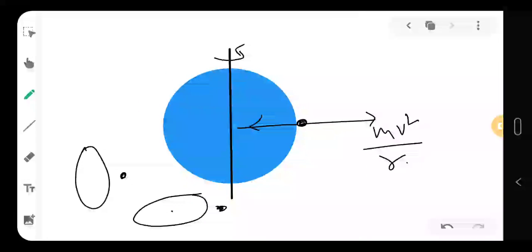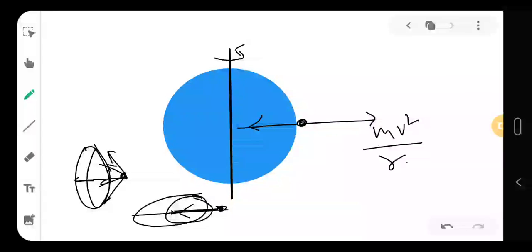Obviously in this case, because the mass is concentrated, but here the mass is distributed, so it will attract like this and there will be a resultant. But here the resultant is more because it is not distributed, it is concentrated.